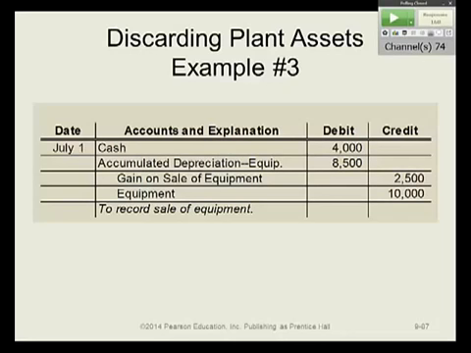So a good way to think of a loss is an expense incurred in activities outside of your normal operations. So the loss in this case is due to a sale of an asset that is not part of Smart Touch Learning. They do consulting, and they also sell digital devices, and that's their business. Their business is not to sell equipment.